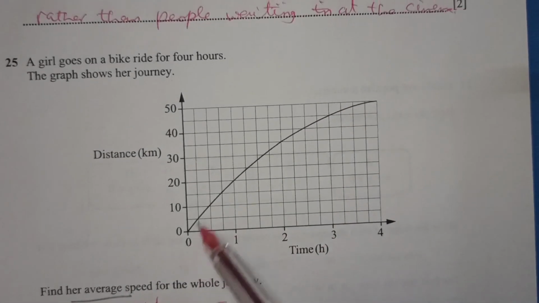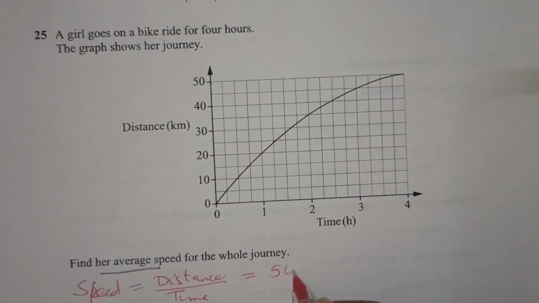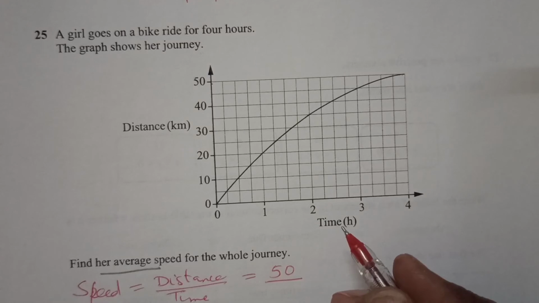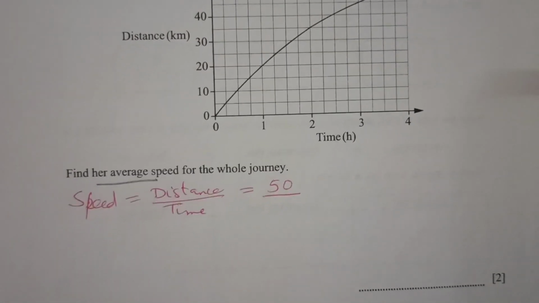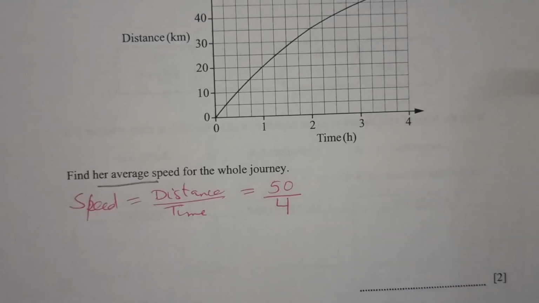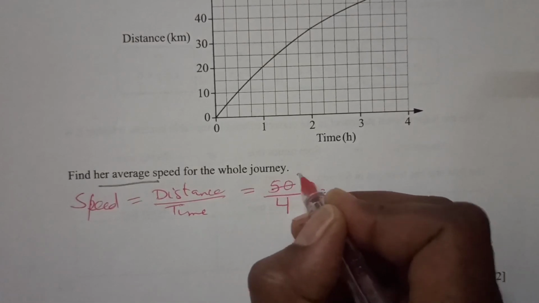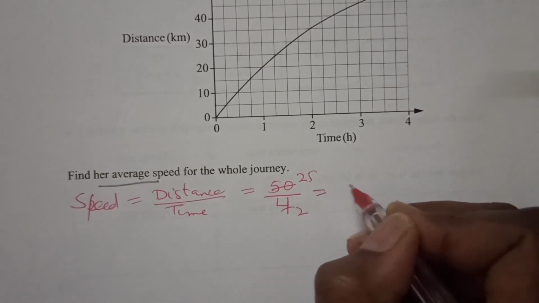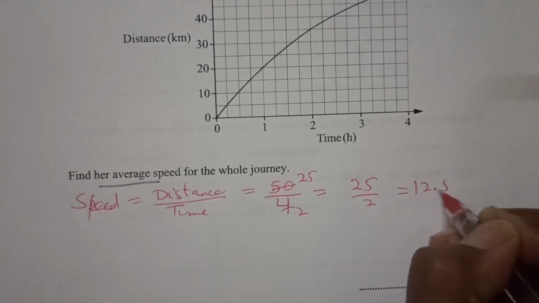So how much distance is covered here? You can see the distance is up to here 50. So distance is 50. How much time is it? This is in hours, it's 4. 50 over 4. When you divide this 50 over 4, you can simplify to 25 over 2, which is 12.5.